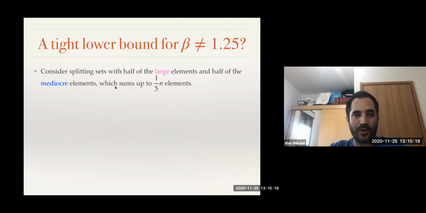So now let's see if we get the same lower bound. We can do the same as before. We consider splitting sets that take exactly half of the high probability elements. In this case, it will be half of the large elements and half of the mediocre elements, which sums up to 1/5 n elements.